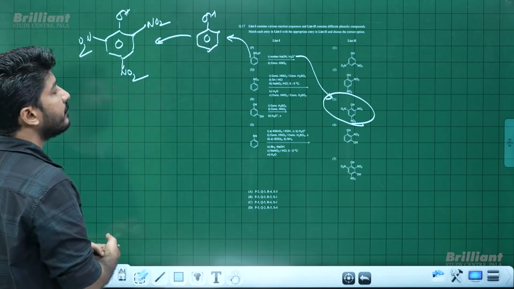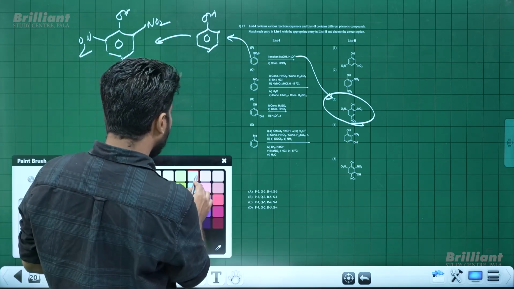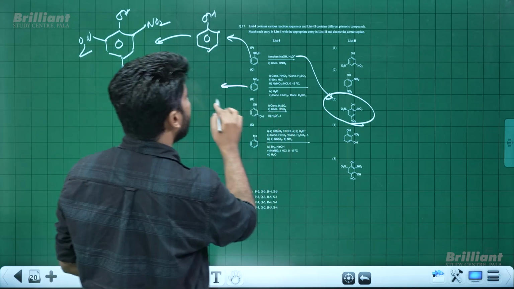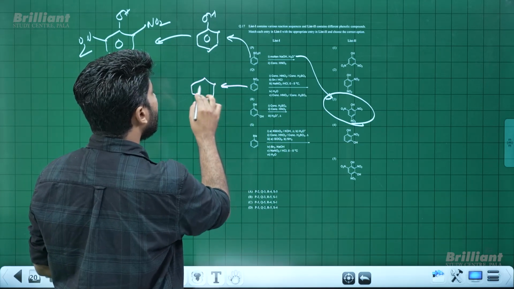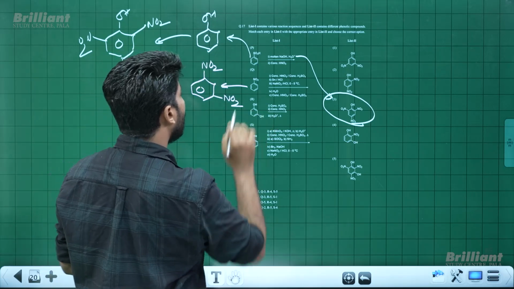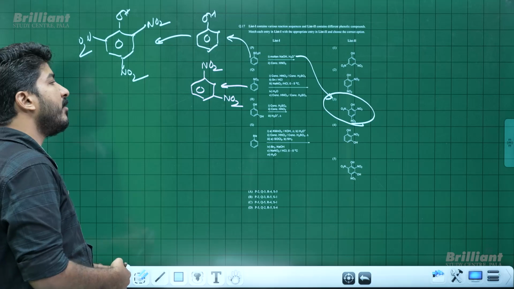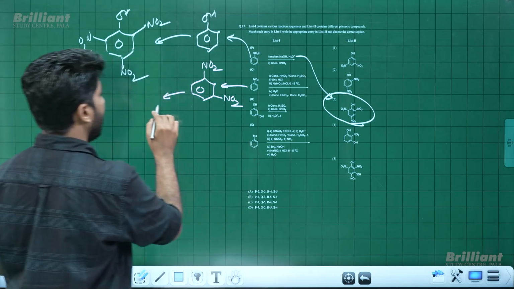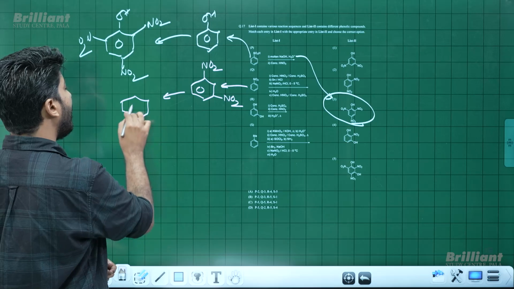Now after that, let's see the second reaction also. Nitrobenzene is treated with concentrated HNO3. If you treat, nitration happens at the meta position because NO2 is a meta-directing group in electrophilic substitution reaction, followed by Sn/HCl reduction.